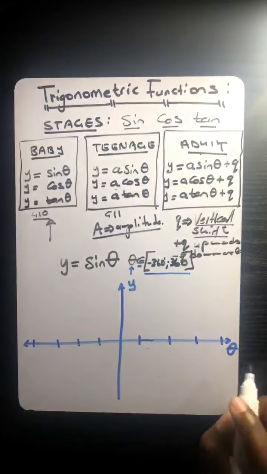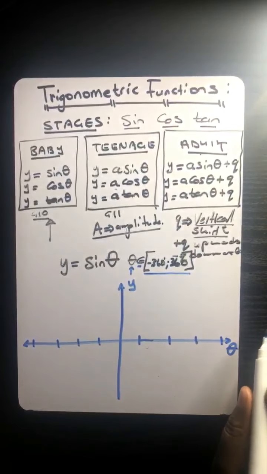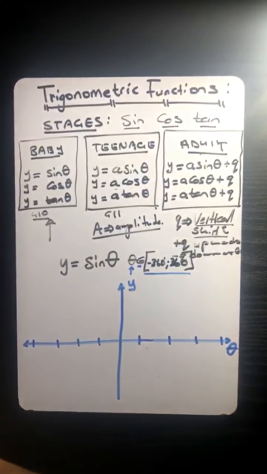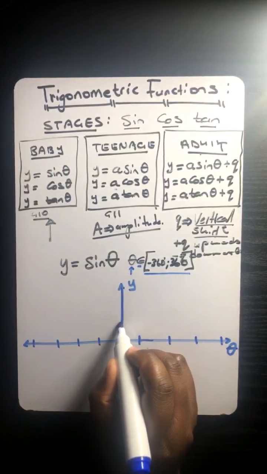Or maybe let me make you aware now. Is there someone who knows what the period is of the function y equals sine angle? Someone who knows or can guess?